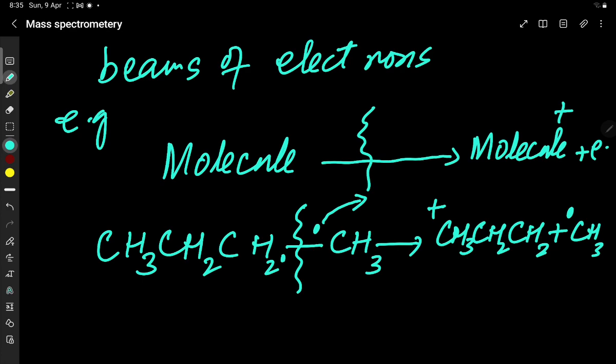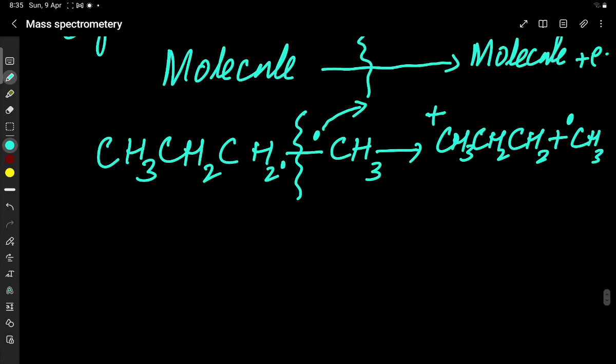In mass spectrometry, the detector only detects the positive molecular ion. It cannot detect a radical or a molecule. So this is, for example, propyl, and methyl becomes the free radical.